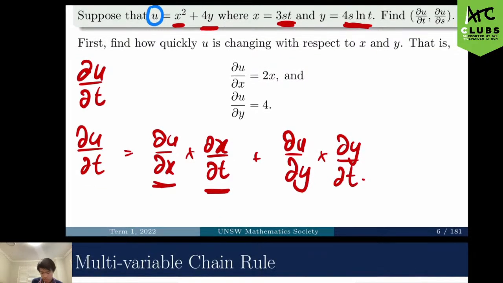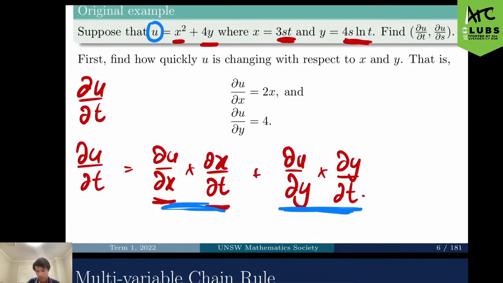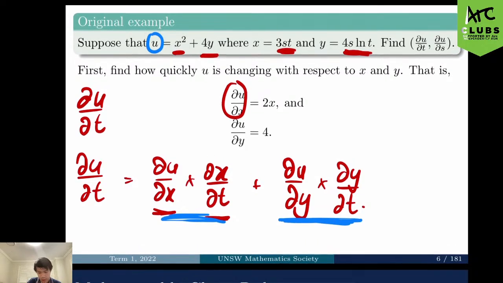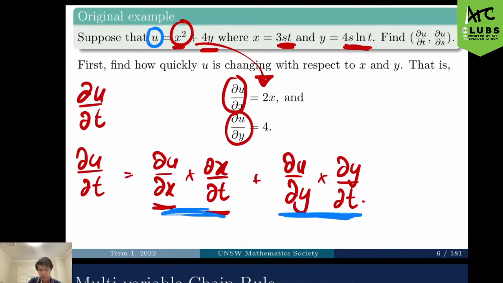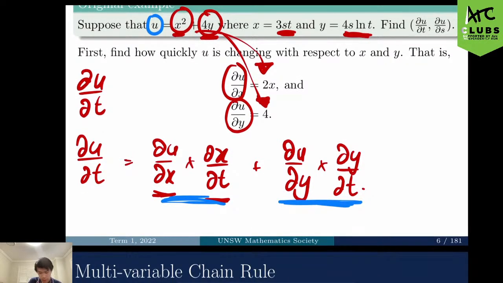All right, that's pretty good, right? Because now we all know we can just sub in these derivatives. So that's exactly what we've done over here. We've gotten du dx, and well, it's just partial derivatives, that turns into 2x. And we've also got du dy, that's a partial derivative, it turns into 4. Cool. So in other words, this turns into 2x, this turns into 4. Right?